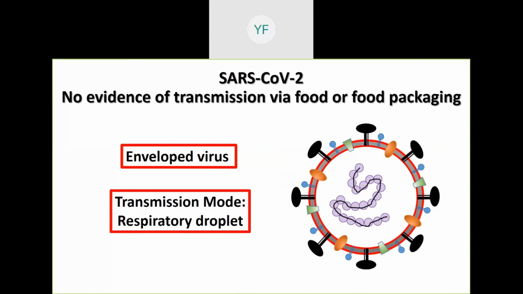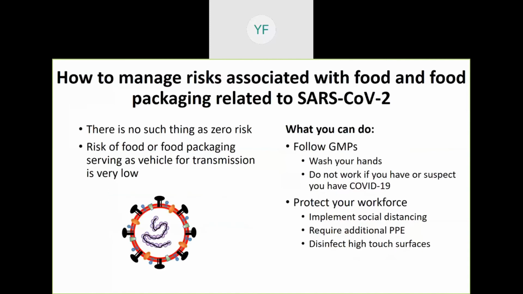So these characteristics make it unlikely that food would be a vehicle for transmission of this particular virus. When we talk about food safety, nothing is ever zero risk, but really at this point in time, the risk of food or food packaging being a vehicle for COVID-19 transmission is very, very low.